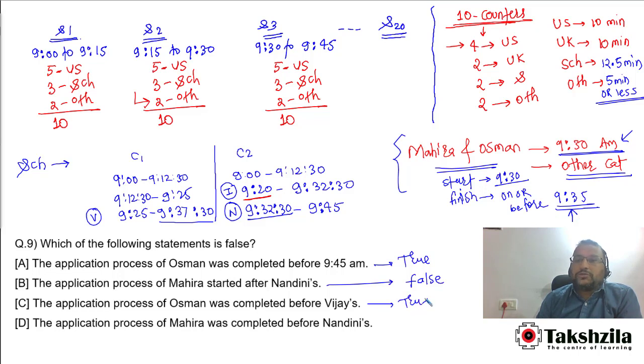Statement D is the application process of Mahira is completed at 9:35 or before. That was before Nandini. Nandini's application will get completed at 9:45. So option D is also a true statement. The question is, which of the following statements is false? The answer of this question is statement B.